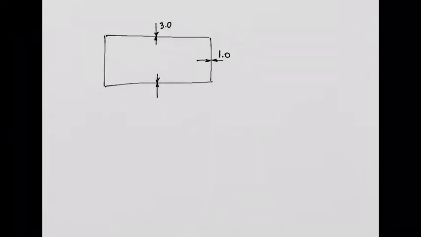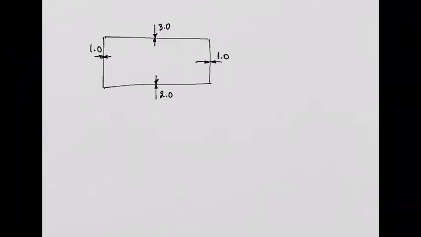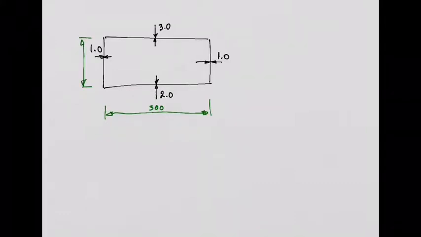The thickness of this wall is 2.0, and this wall here is 1.0. Now from here to here, 300 millimeters, and from here to here you have 100 millimeters, okay? All right?